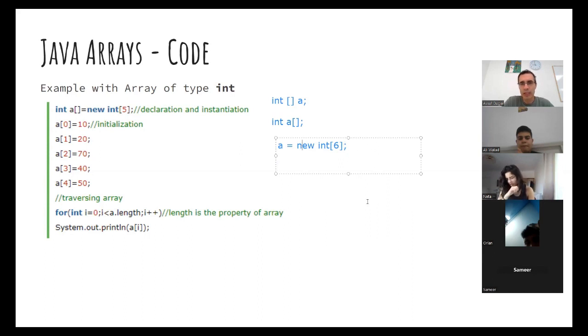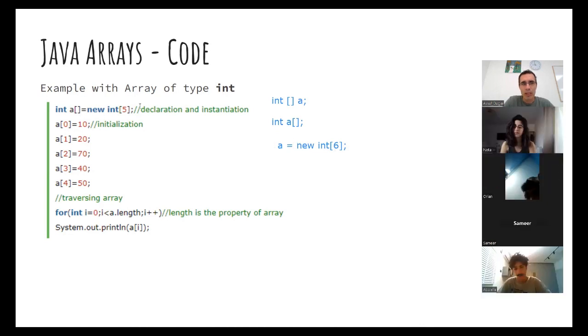So as you can see, here I split my declaration into one line, either this or this, and my initialization into another line. In the example we have here in the presentation, the declaration of the variable called a and the initialization of it, meaning assigning memory and size to it, is done on the same line, but it's two different commands. It's important to know.